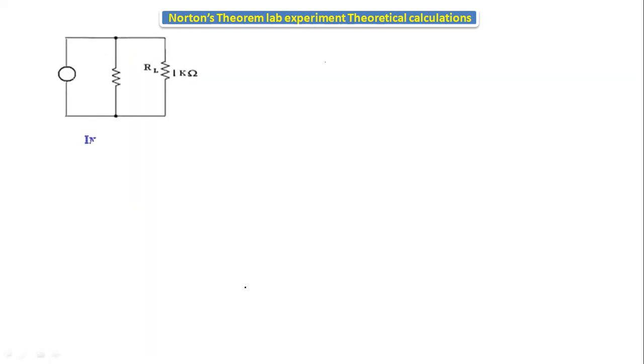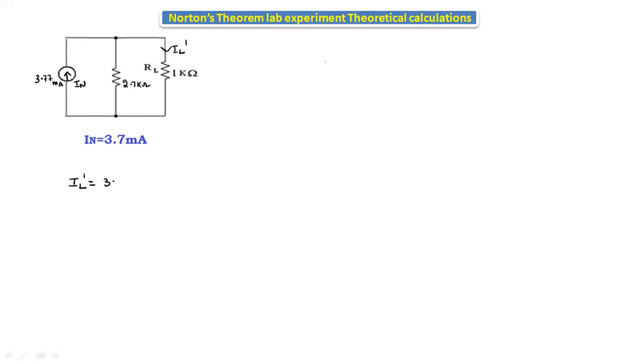Now let's see the remaining circuits. Here IN is equal to 3.77 milliamps. This is called IN. Rn value we got is 2.7 kilo ohms. Here we have to find out IL dash. Here also we are using the current division rule.